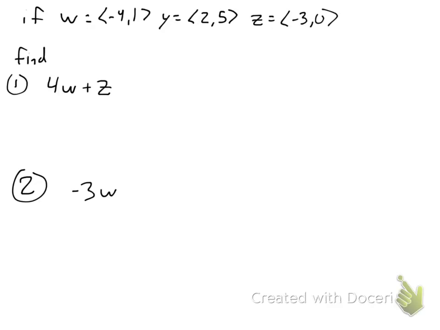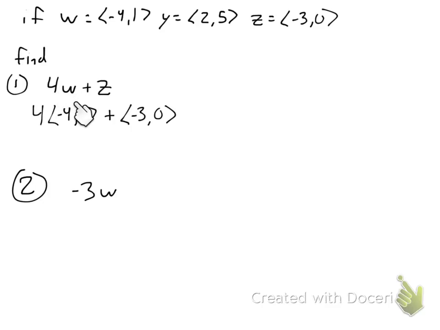I am going to show all of my work. I am going to show it's 4 times -4, 1 plus, look at this, I'm just placing the vector in its spot where it should be. It's in component form. And then I'm going to, in the next step, do the multiplication.